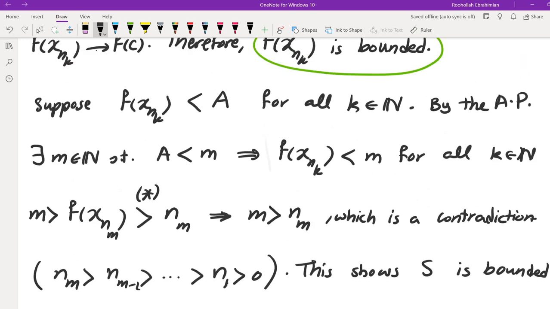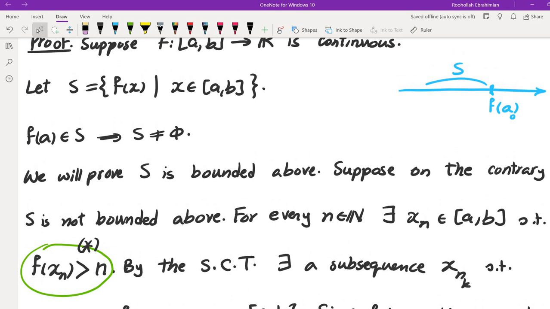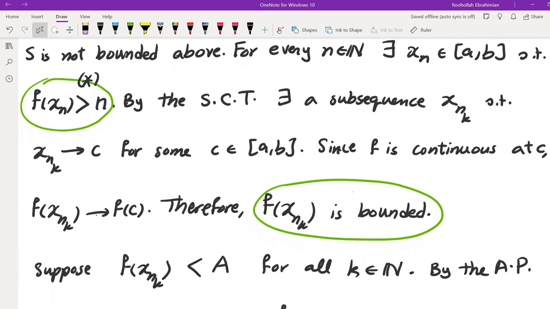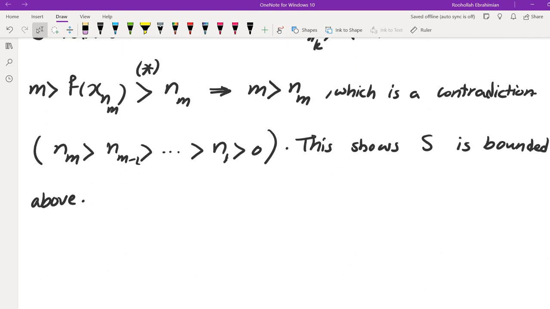So again, going back and seeing what we did, we assumed S is not bounded above. We created a sequence using the definition of not bounded above. We used the sequential compactness theorem, then applied continuity, then we used the fact that convergent sequences are bounded, and then we got a contradiction, which means S is in fact bounded above.